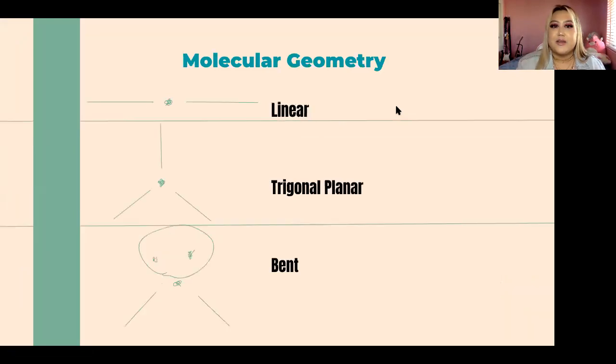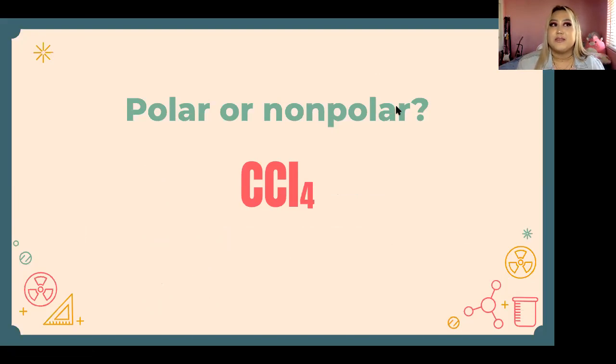So how many domains are in this? Let me quickly redraw that, and pretend that all the rest of the dots are around it. How many domains are around carbon?